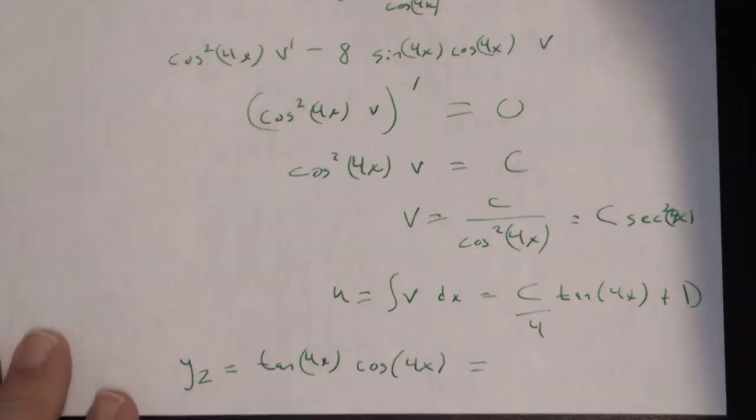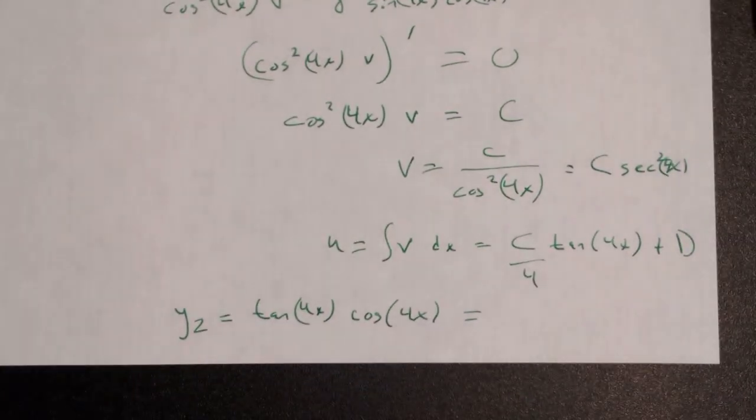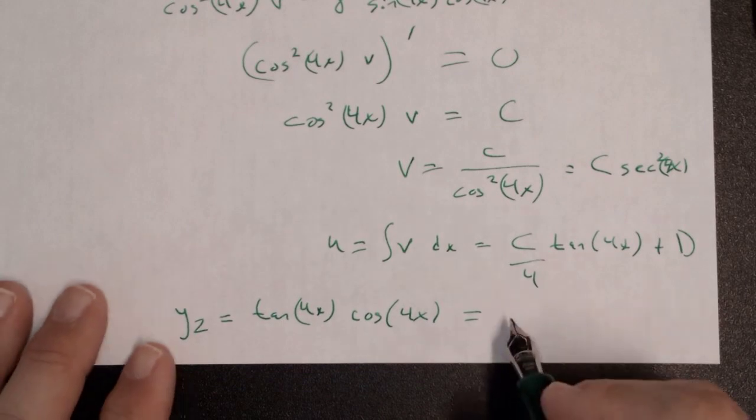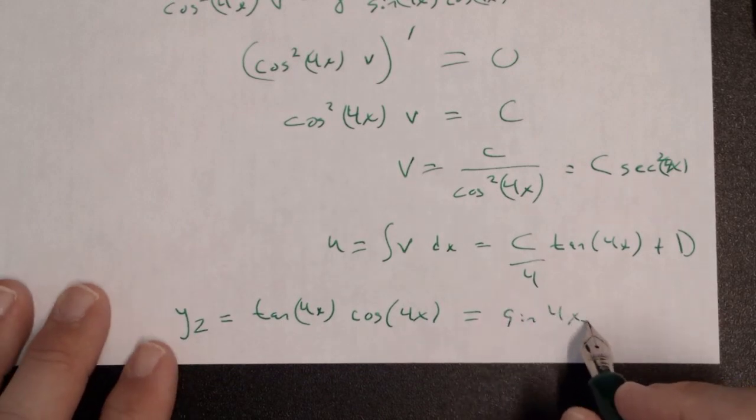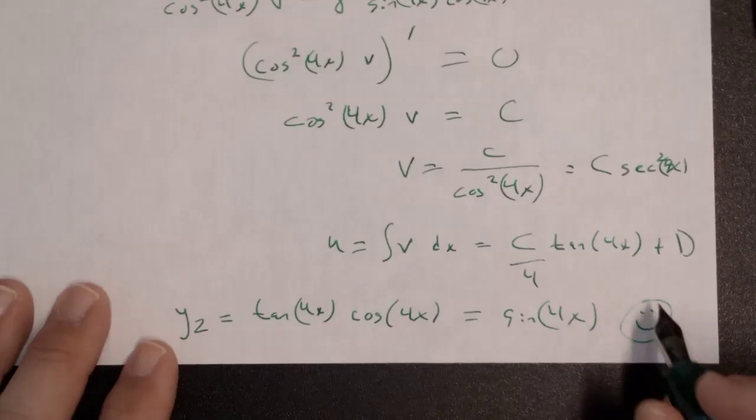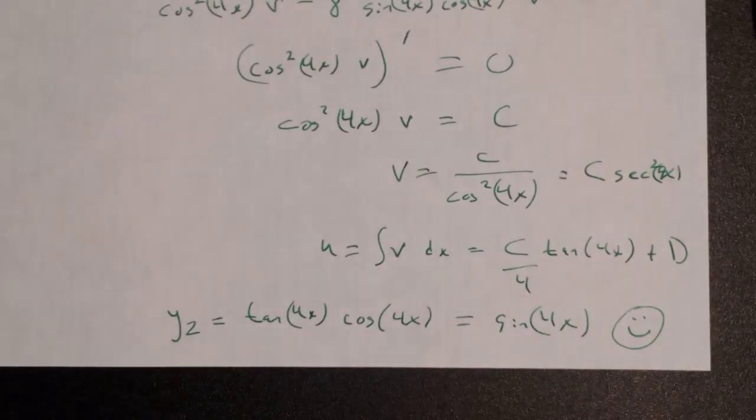And what happens when I simplify that? I just get sine of 4x. So you see, I did it with the method rather than the formula. It took longer, got exactly the right result.